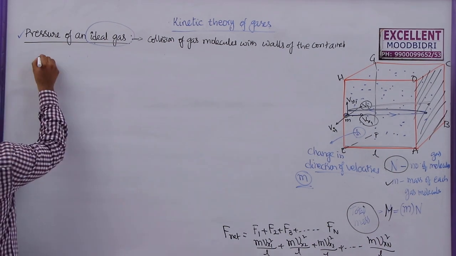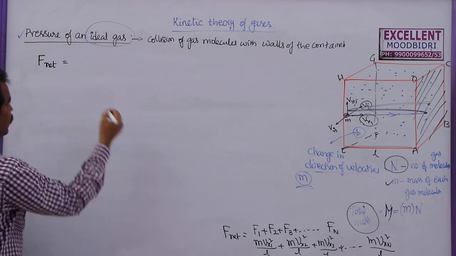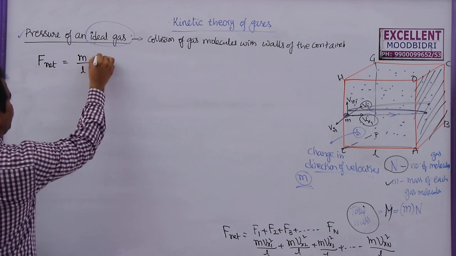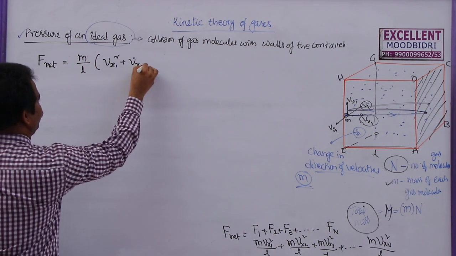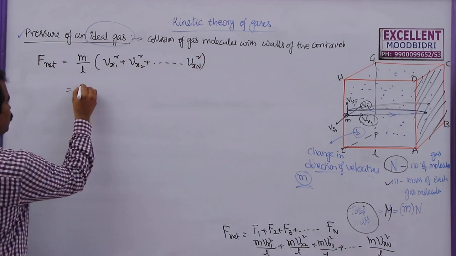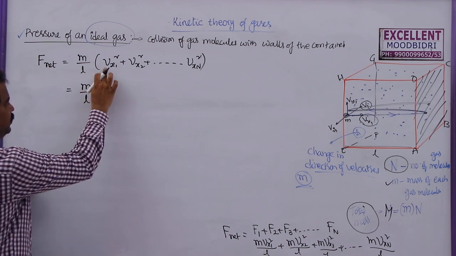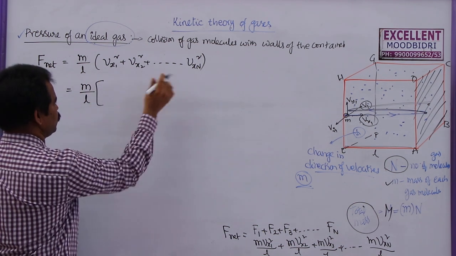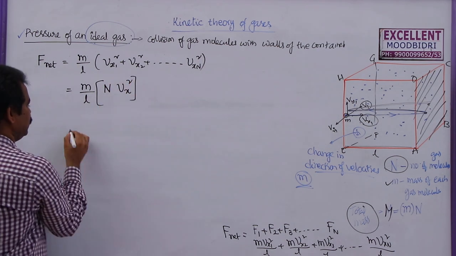For n molecules, we can write this equation as F net, you can take m by L common: m by L into vx1 square plus vx2 square plus, and so on, vxn square, so n into vx square.